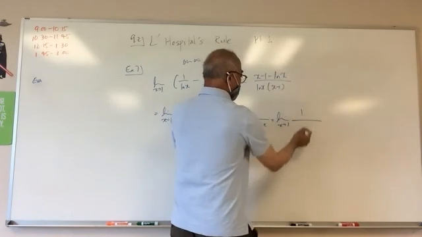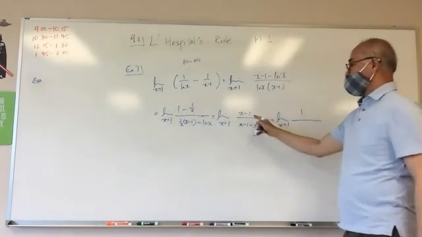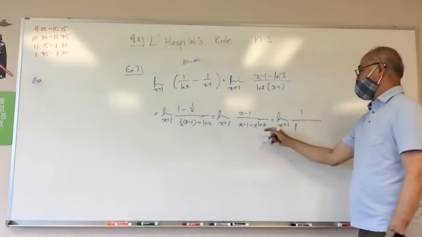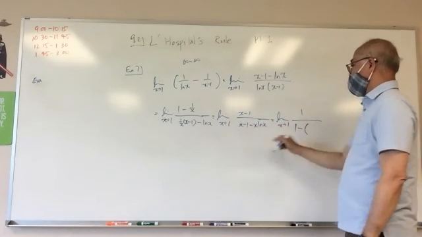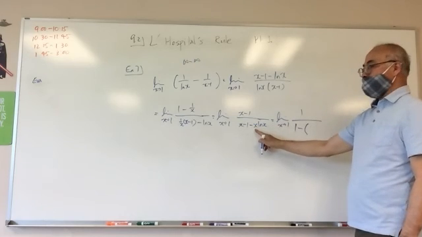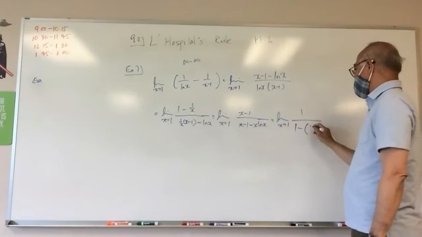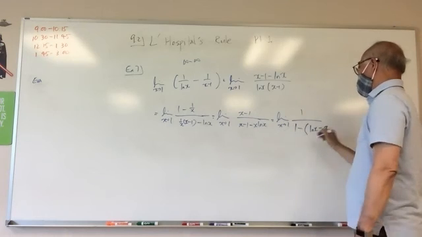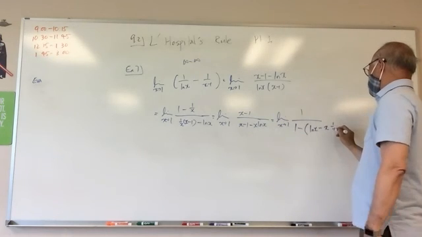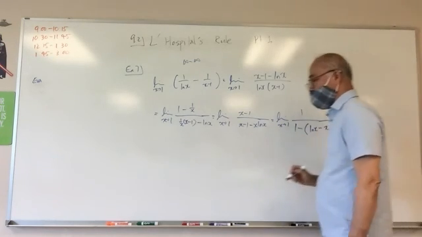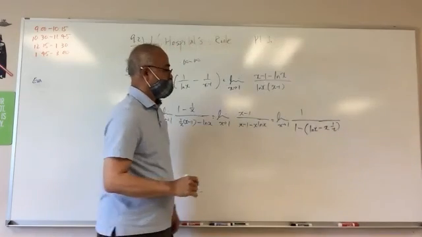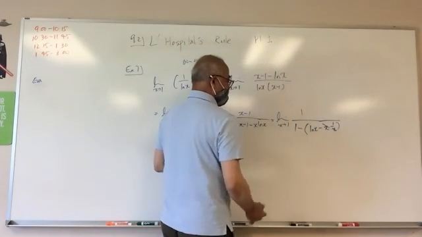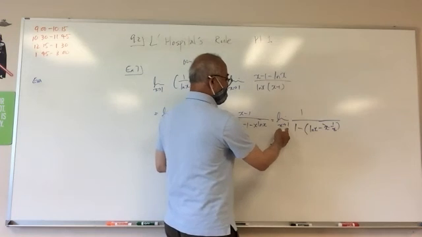I get 1. That's 0. I get 1. That's 0. I have to take the derivative of this, so something needs a product rule. Take the derivative of this, which is 1, and then leave that and take the derivative of that. This guy goes away as x goes to 1.